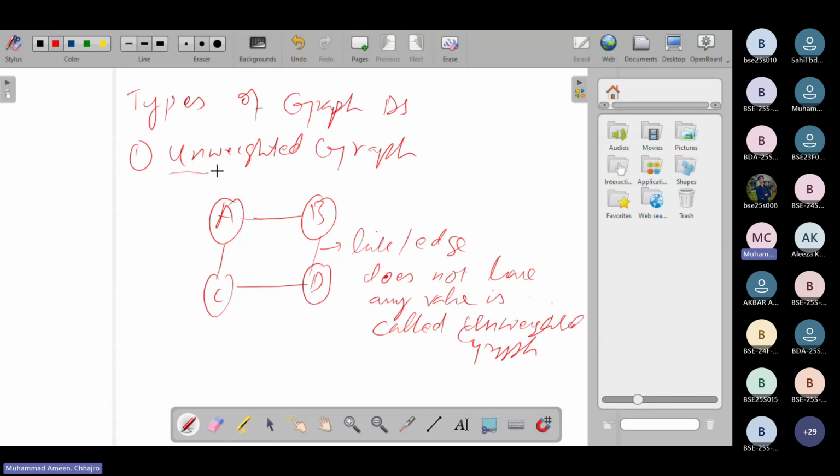So the first category in the graph data structure is the unweighted graph, a graph in which nodes or vertices are connected by links or edges, but the link or the edge in the graph does not have any value. So this is a very simple concept of the unweighted graph.